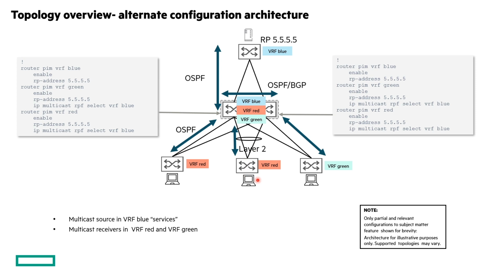However, what doesn't change is the fundamentals of mixing on both of the VSX pairs; in this instance we still use the same thing. We have the VRF blue, which is the source, then the hosting VRFs have the source injected into them using the IP multicast RPF select command, and the same for VRF red.